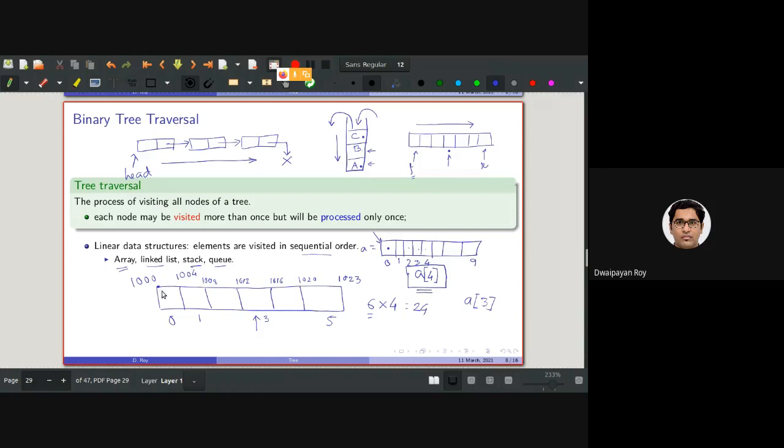We use the address of the first element and the index value to get the address of the third index position, and then we are able to access the element stored there.